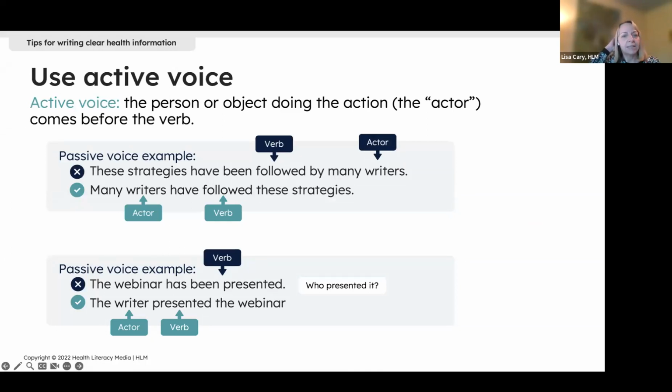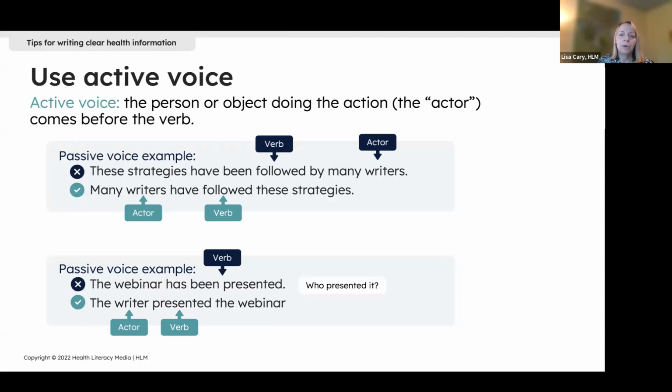So now we're coming to active voice, and feel free to unmute and ask questions or put them in the chat at any point. Active voice is when the person or the object doing the action, which we call the actor, comes before the verb or the action. Let's look at some examples. Here's an example of passive voice: these strategies have been followed by many writers.